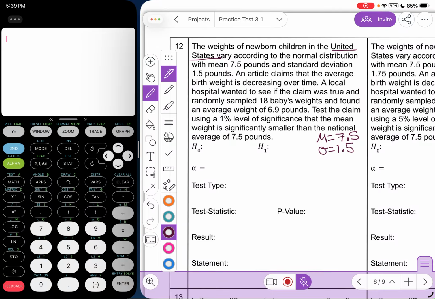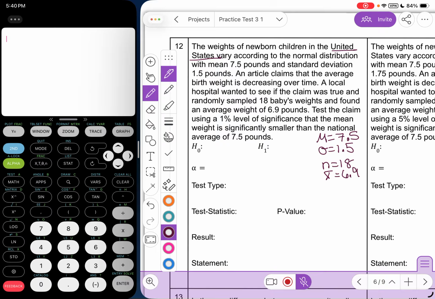A local hospital wanted to see if the claim was true and randomly sampled 18 babies' weights and found an average weight of 6.9 pounds. Test the claim using a 1% level of significance that the mean weight is significantly smaller than the national average of 7.5 pounds.